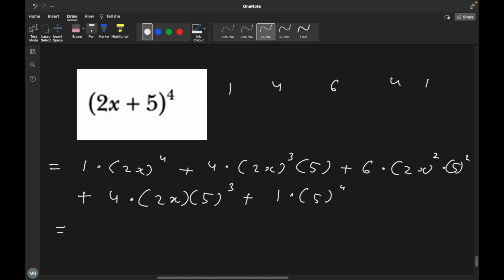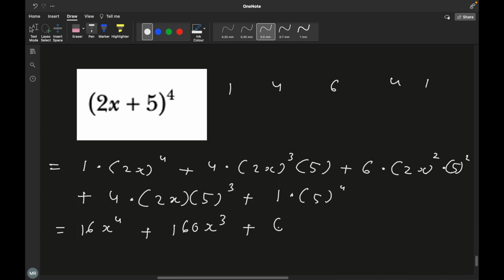So this is going to be 2 to the power of 4 is 16. So 16x to the power of 4 plus 4 into 2 to the power of 3 multiplied by 5. That's 160 x cubed plus 6 multiplied by 2 squared into 5 squared.